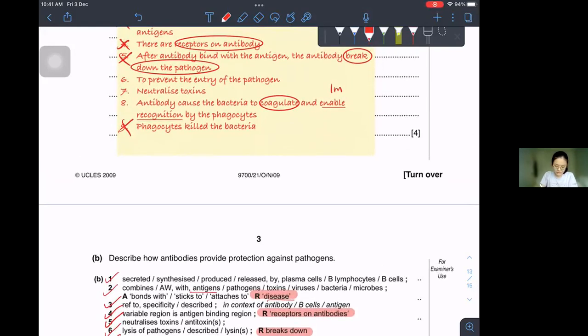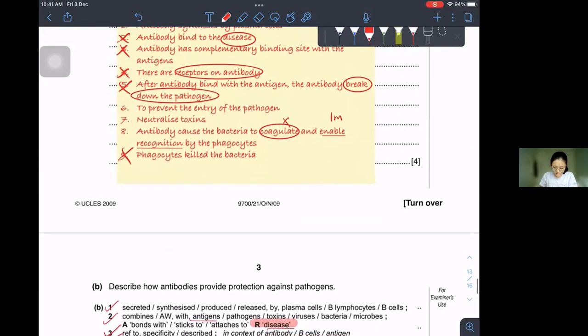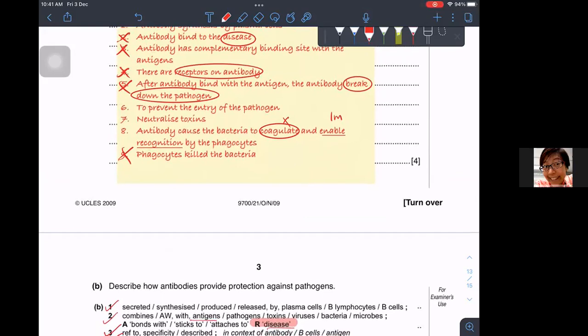So for point number 8 here, coagulate is actually wrong, because the antibody can only clump the bacteria together, they will not coagulate. And coagulate means solidify. Whereas clump together means clump together. So they are all still soluble. Okay.